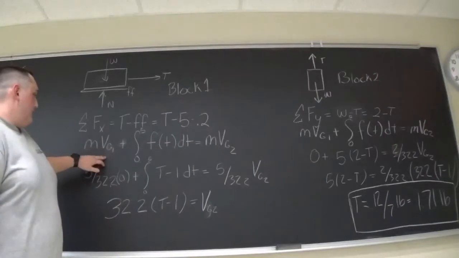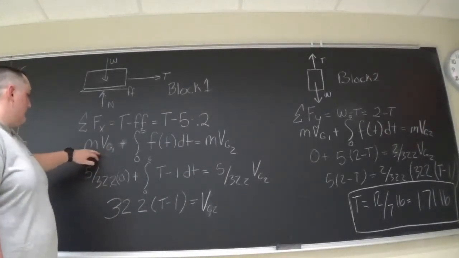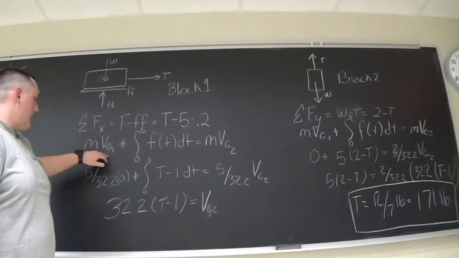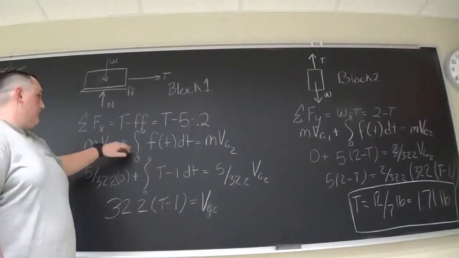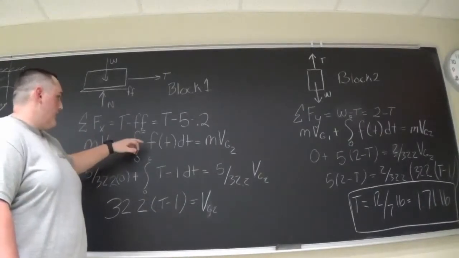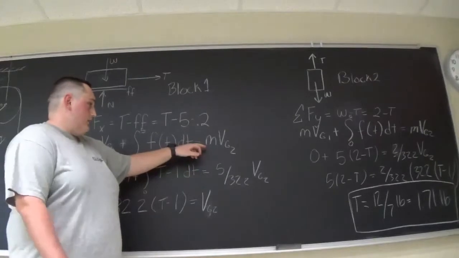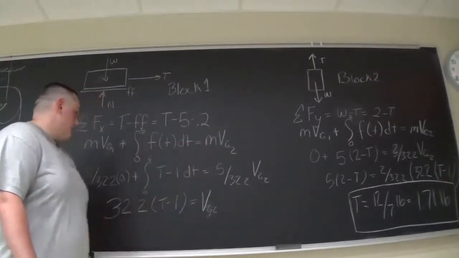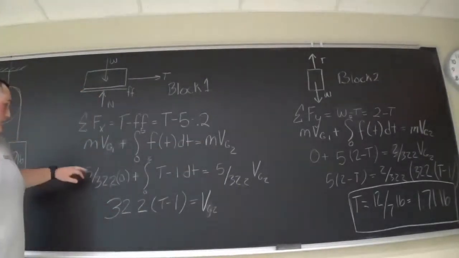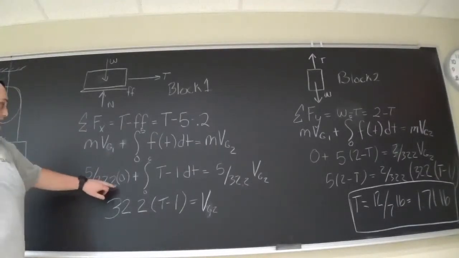Then you can set up your linear impulse momentum formula, which is mass times the velocity at 1, plus the integral from 0 to 5 of the force, equals the mass times the velocity at 2. Since we're in English units, I take the weight over 32.2 times the first velocity.